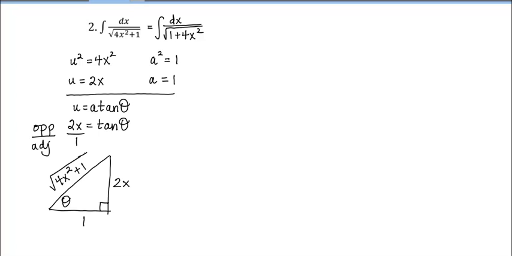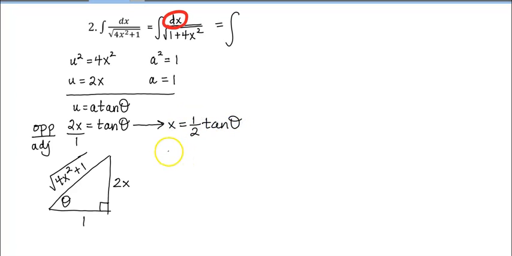Now let's go back to our integral and start seeing what we need to be able to sub in. So when I go to the integral, the first thing I see in the numerator of the integral is the dx. If I want dx, I need to take the derivative of x. Well, if I want x, I need to solve for x. This equation says 2x equals tan theta, which means that x is equal to 1/2 tangent theta.